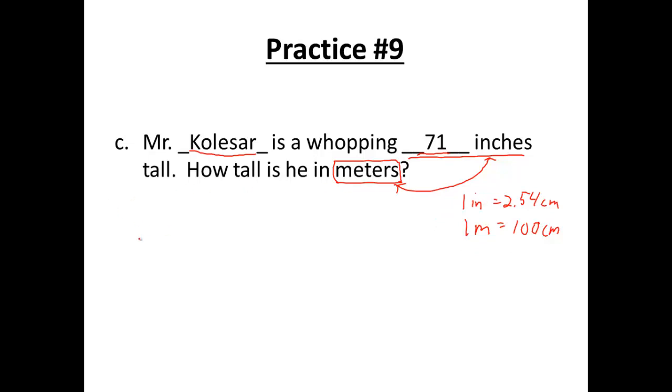Now the other nice part about dimensional analysis is we can do this all in one step. You can do more than one thing together. So our starting point, 71 inches, is where we're going to start. And we want to go from inches to centimeters. Need to set it up so that the inches can cancel inches, leaving us with our new unit, centimeters.